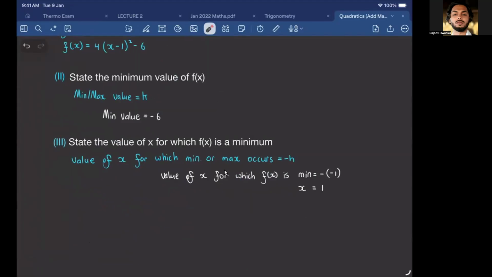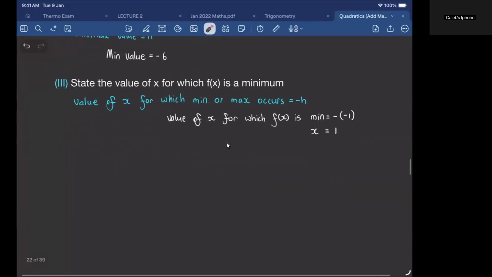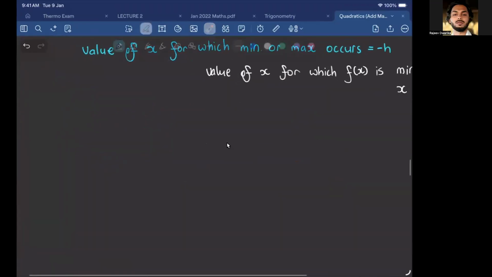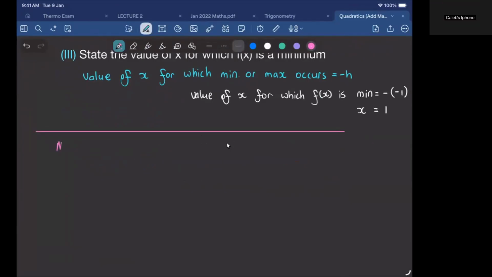Now, Caleb, I see you join back. You all right? Yes, sir. Okay, now, Caleb, I see that part 3 kind of confused you a little bit. You didn't get the correct answer. So let me just explain something. Guys, just a reminder, if I want to figure out the minimum or the maximum turning point, how would I figure that out?